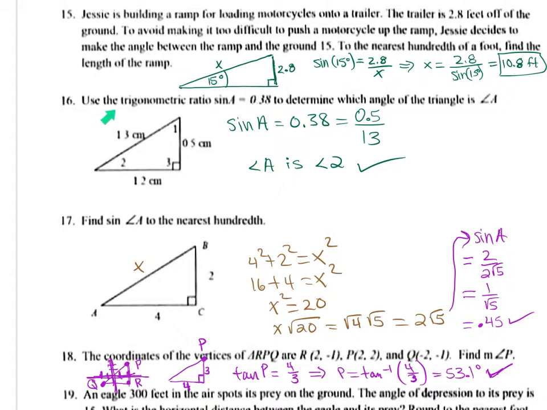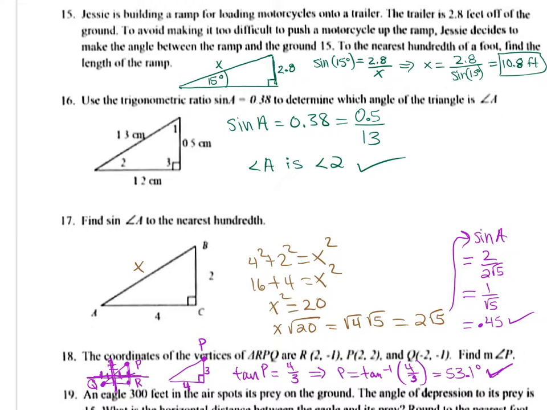All right, number 16, it says use the trig ratio that sine of A is equal to 0.38 to determine which angle of the triangle is angle A. Well, as we're given, we know that sine of A has to be 0.38. So we need to see what ratio works, and of course sine is opposite over hypotenuse.